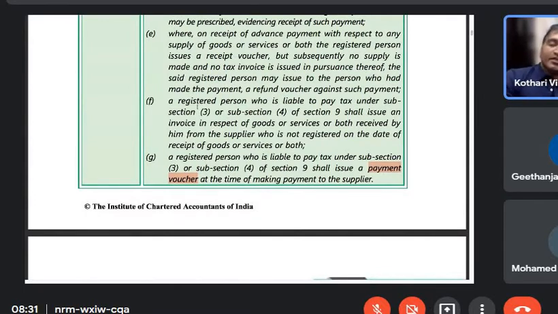For that RCM invoice, if you are making a payment, then a payment voucher needs to be generated. So the link is only this, not all other payments. Only for RCM, you need to generate a payment voucher. So the seventh document is the RCM payment voucher.